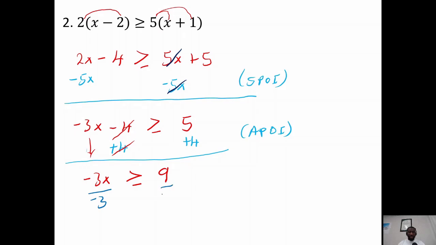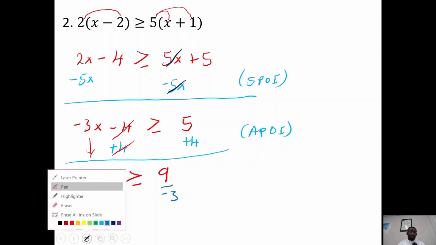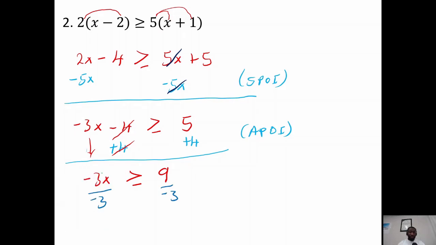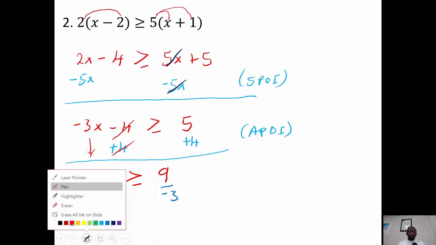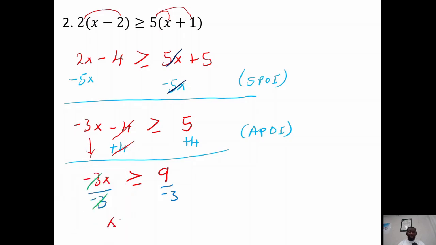Then I divide both sides by a negative 3, right? So automatically, negative 3 is going to cross out negative 3, so I have my x by itself now. And 9 divided by negative 3 is also going to give us what? Negative 3. And what did we say? Anytime you divide by a negative, this symbol flips.